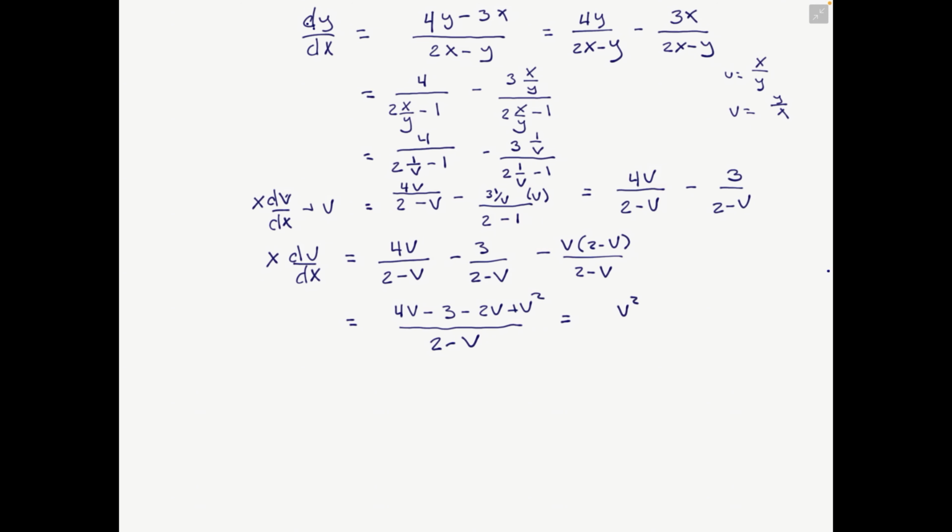And that's equal to v squared plus 2v minus 3 over 2 minus v. So now x dv/dx.